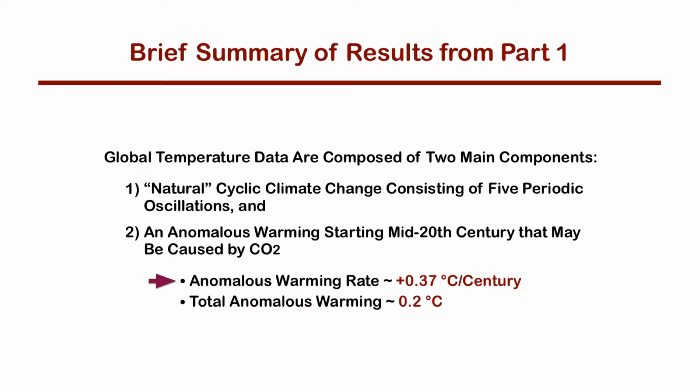This anomalous warming took place at an average rate of about 0.37 degrees centigrade per century, or 0.0037 degrees per year. Very, very tiny amount of warming. The total anomalous warming that may be due to CO2 is about 0.2 degrees centigrade.